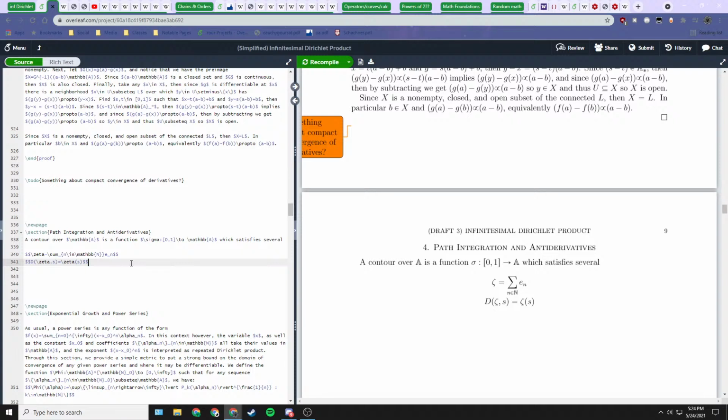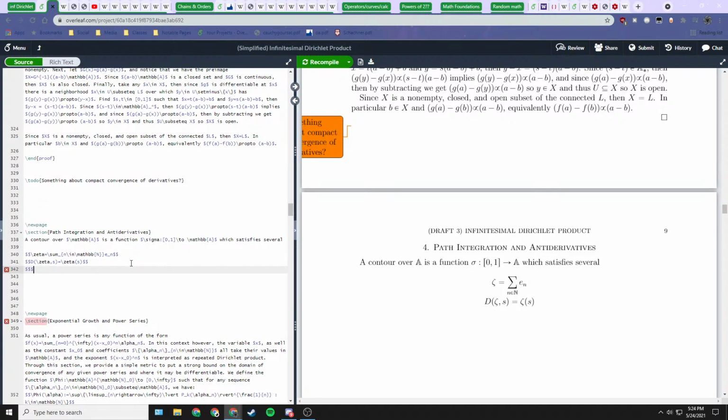And so the theorem we're building up to is that if we have a complex analytic function, for example, the exponential, then this would be d of zeta with s.